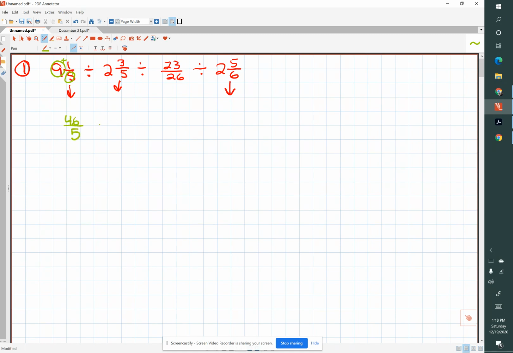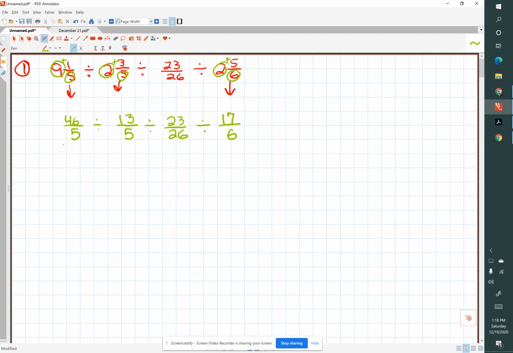Divided by, and our second denominator is fifths. 5 times 2 is 10, plus 3 is 13. Divided by 23 over 26, divided by a denominator of 6. 6 times 2 is 12, plus 5 is 17.